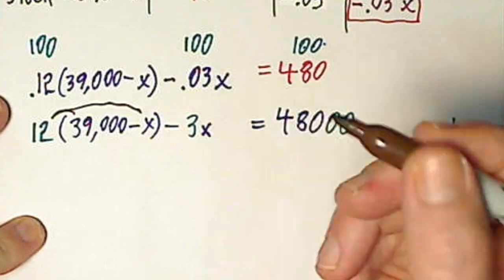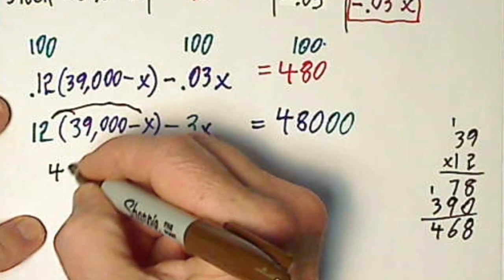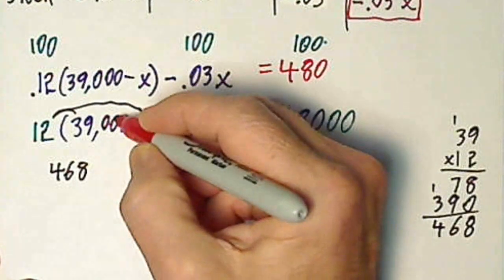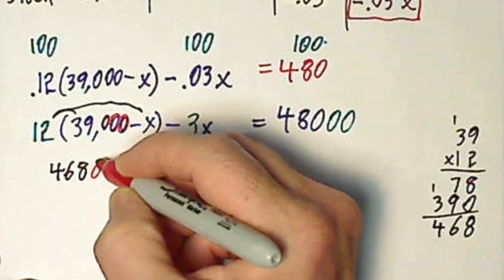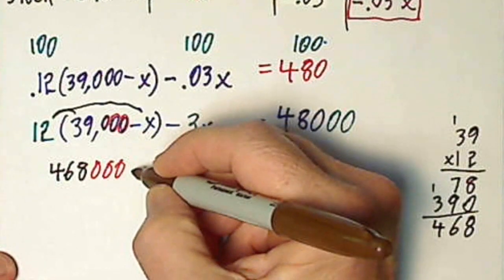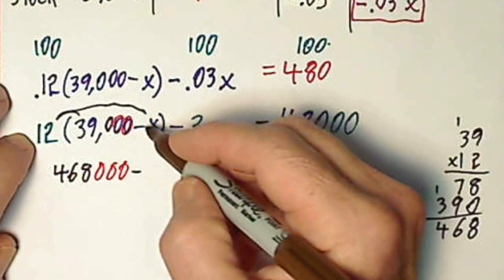So 12 times 39 is 468, and these three zeros, I just tack them on. Okay. Bring down everything. Well, let's see. We have 12 times x.